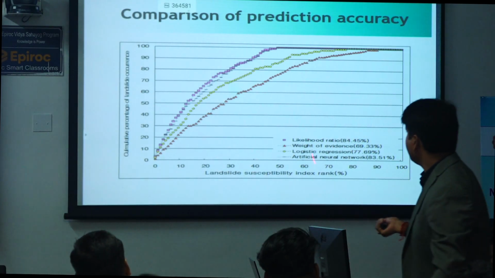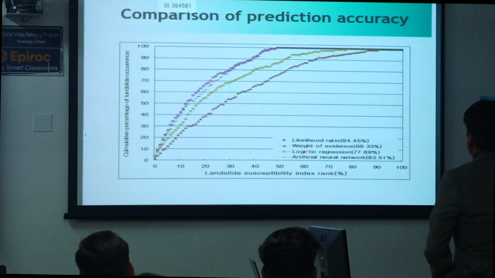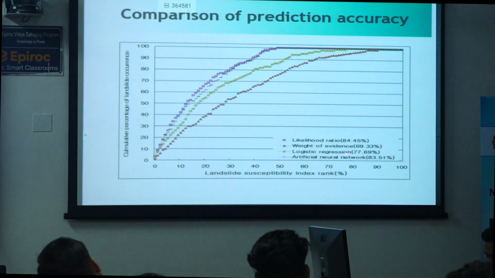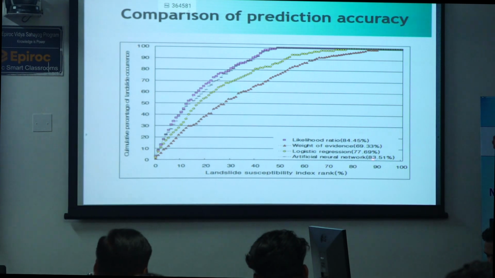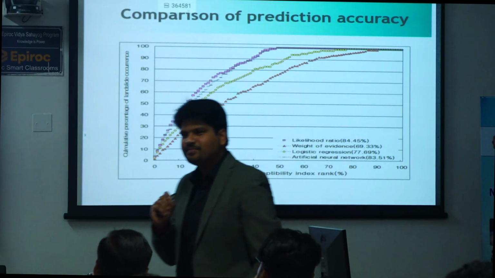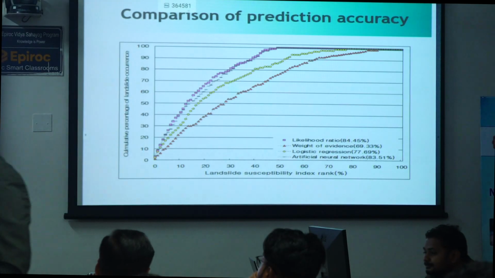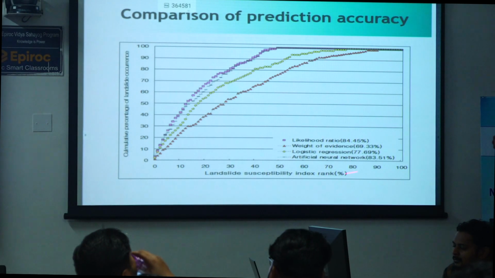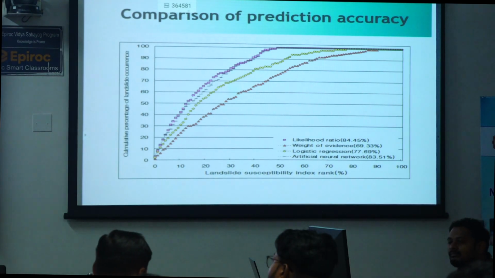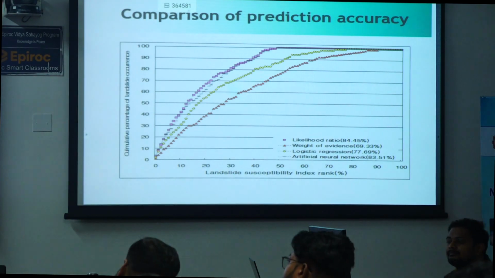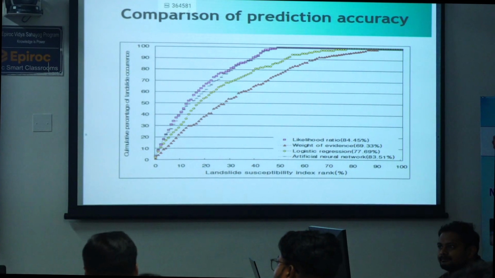So now you see there are many models here we used. Likelihood ratio or frequency ratio gives about 84%, weight of evidence gives about 69%, logistic regression gives about 77%, ANN gives about 83%. So in this case study, a simple yet very powerful method like the frequency ratio model even outplays the ANN-based model. Don't underestimate the power of the frequency ratio model.